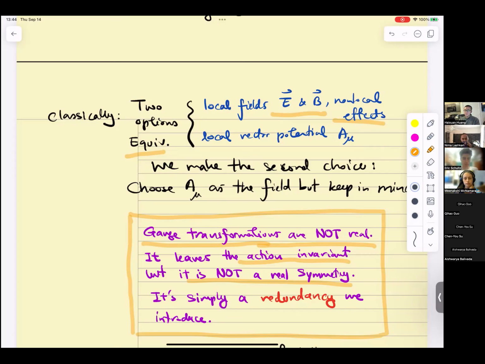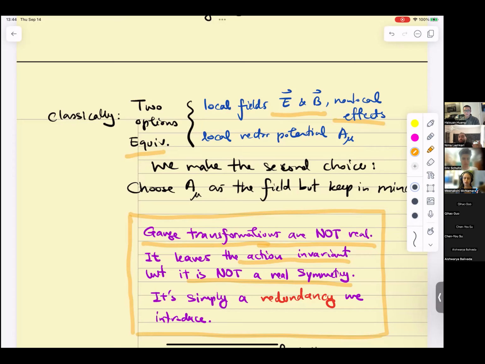Why is using potential more local than using field? Because I can write down a local action, meaning an action which is an integral of a Lagrangian. Now, if you try to do the same thing with E and B, you fail to do that. If you recall, F mu nu is written in terms of E and B, that's fine. But how do you couple the charges?